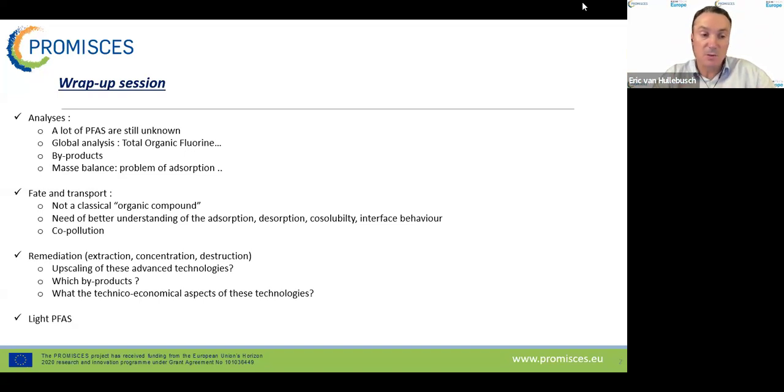So this is, in my opinion, another challenge that should be overcome, while it was always better to work on concentrated streams than diluted streams. This is another aspect that has been well presented in the LIFE project. We see that you can concentrate PFAS from groundwater, and I think that's a pretty good approach to reduce the volume to be treated. So that is another aspect that needs to be borne in mind when we are dealing with PFAS.